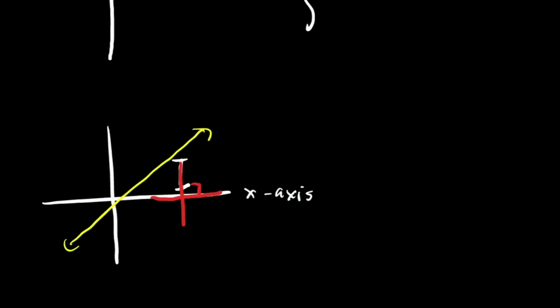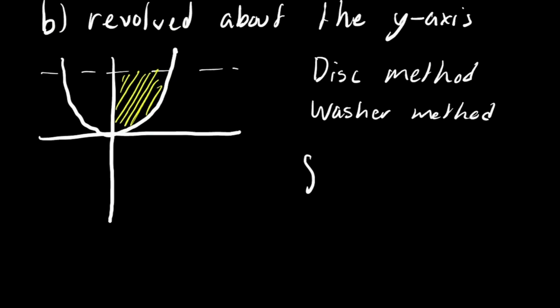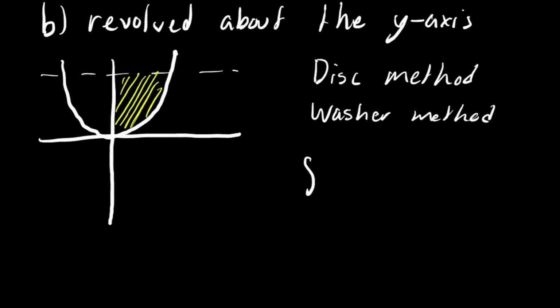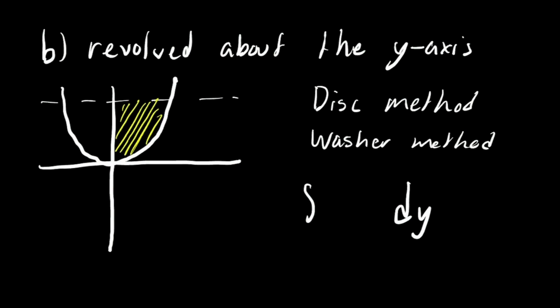So if the axis of rotation is the y-axis, we need our radius to be perpendicular, which means we're actually going to do it in terms of y. And that means our function also needs to be in terms of y.